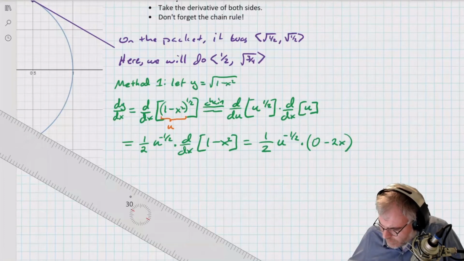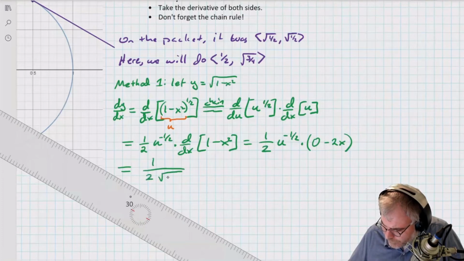And so I wind up, and then I sub back in my u. So my u was 1 minus x squared. It's on the bottom with a square root. And I've got 2x here on the top. Okay, and obviously the 2's are going to cancel.